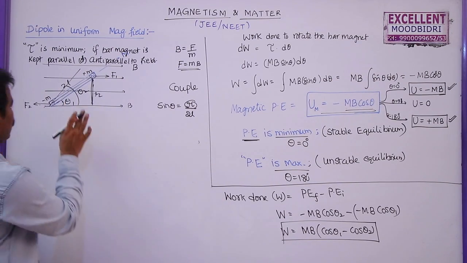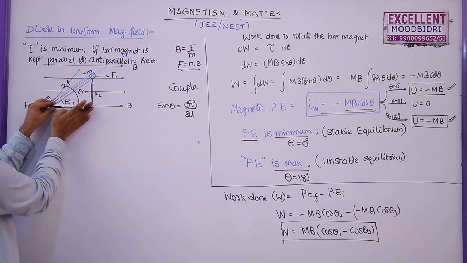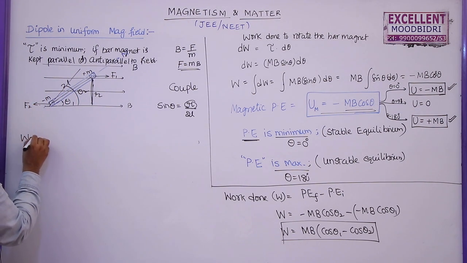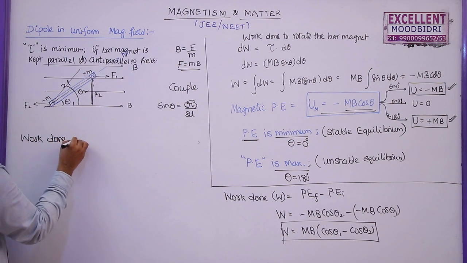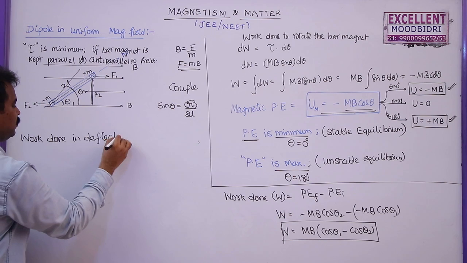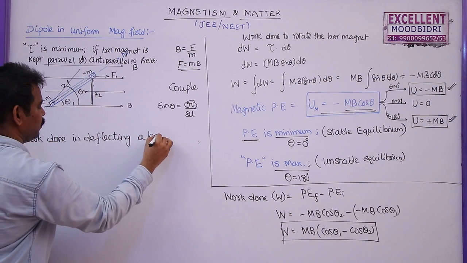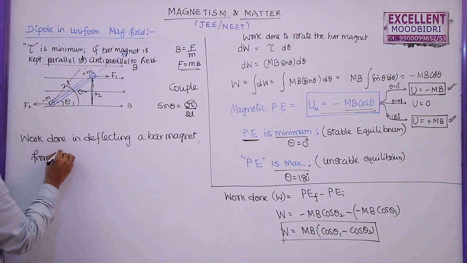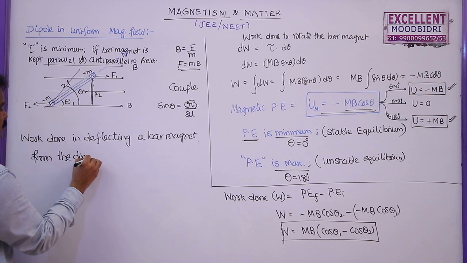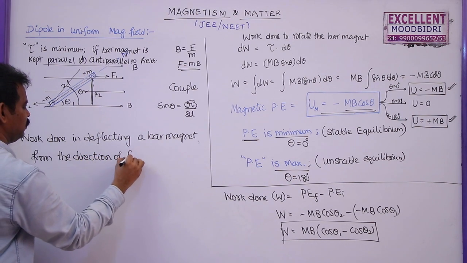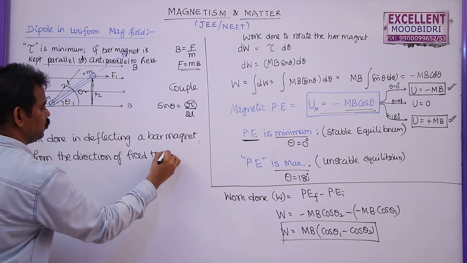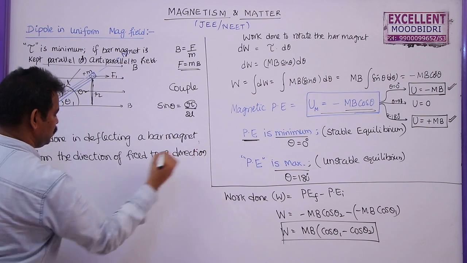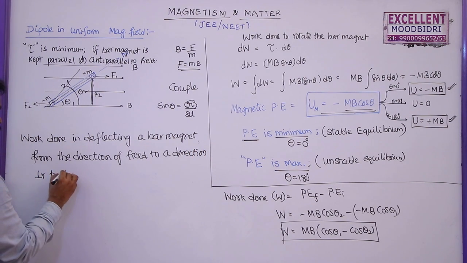If a dipole or bar magnet is rotated from the direction of the field to the vertical direction, what is the work done in deflecting a bar magnet from the direction of field to a direction perpendicular to the field?